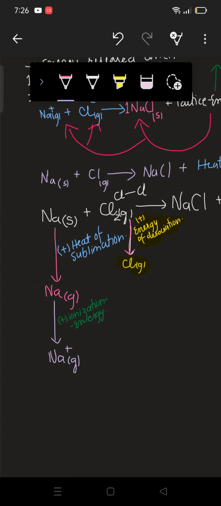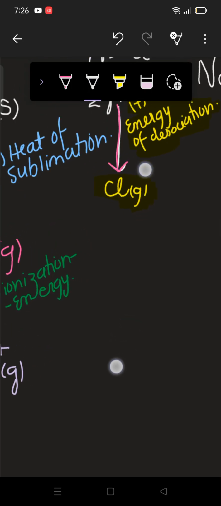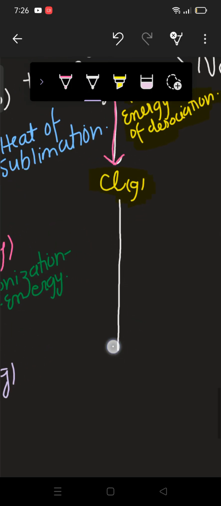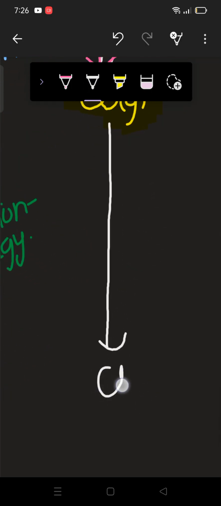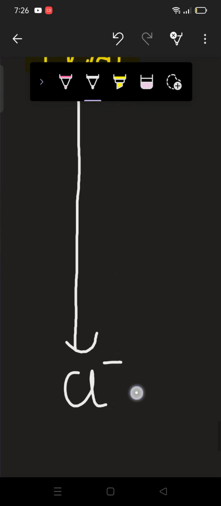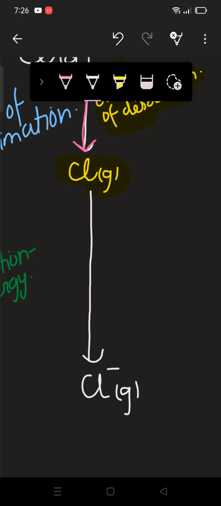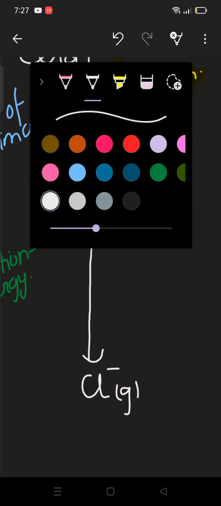Now Cl is in the gaseous form, but we need Cl negative, right? In order to make Cl negative, this energy will be released, because we know that when an electron is gained by the gaseous atom, the energy is released, and that energy is what we call the electron affinity.